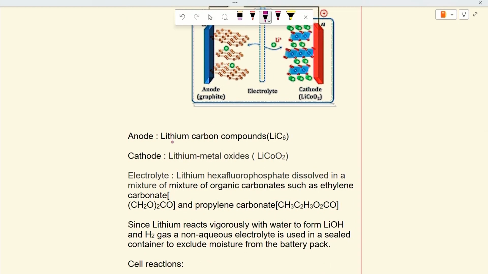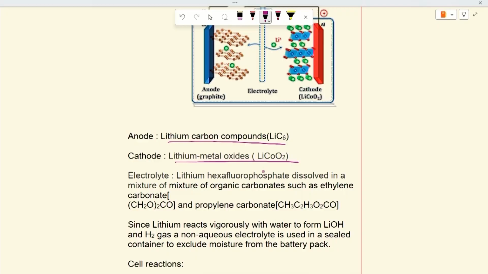The anode is lithium carbon compounds, lithium carbide, and here we have the cathode as lithium metal oxide, usually lithium cobalt oxide. I told you the lithium ions will be formed at the anodic reaction, and this lithium ion is highly reactive if it gets in contact with water molecules.